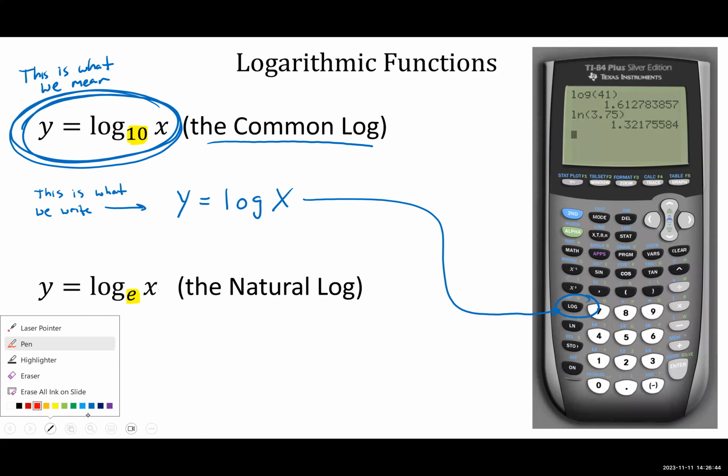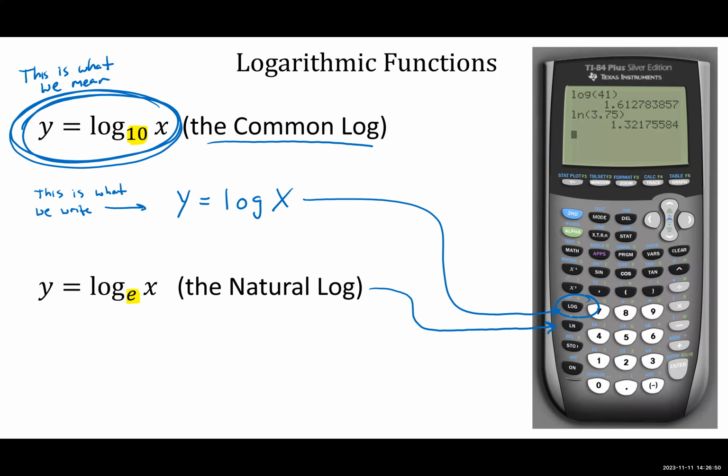Log base e of x. Same thing, this one is important enough to have its own button on the calculator. There's an ln button, the shorthand notation for natural log. So this is what we mean: log base e of x.